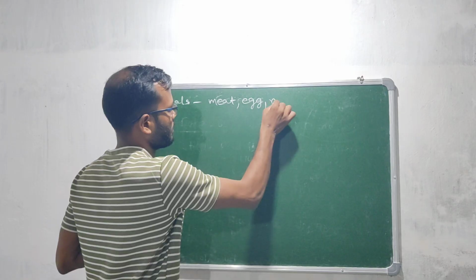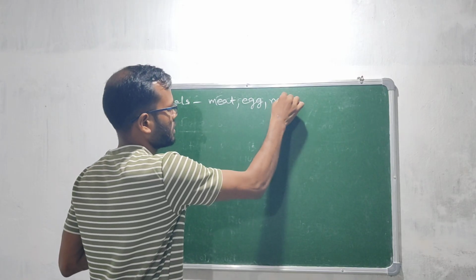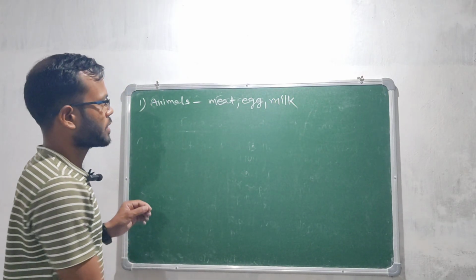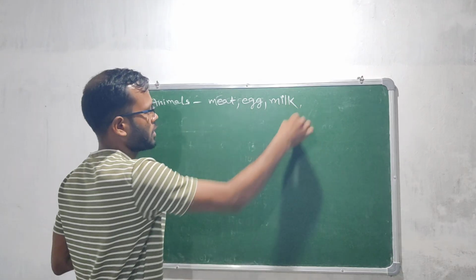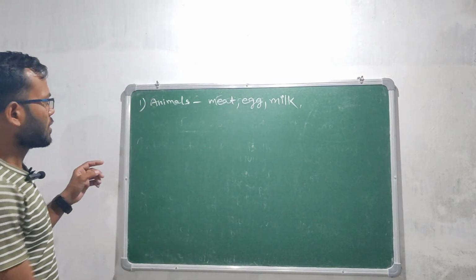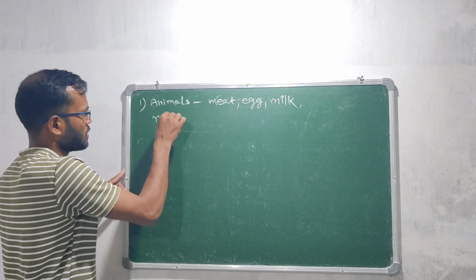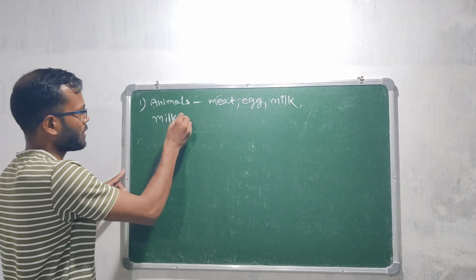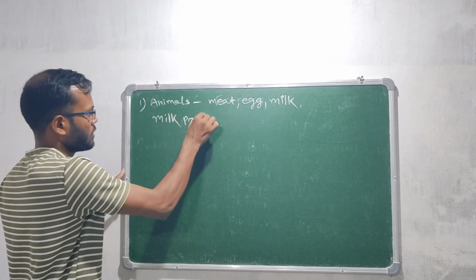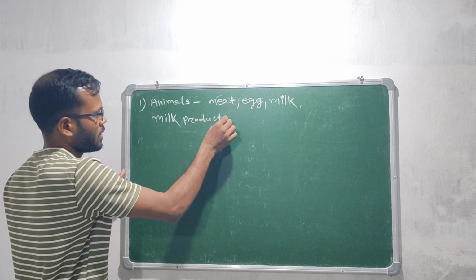Then milk. These are the animal products. Okay. And we also use milk to make different products, milk products. What are the milk products that we eat in our daily life?